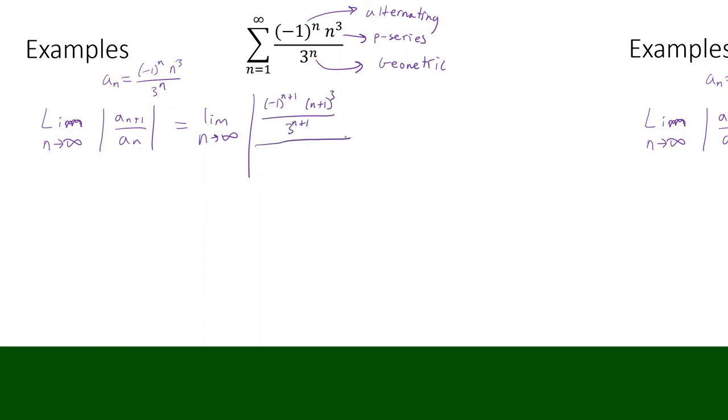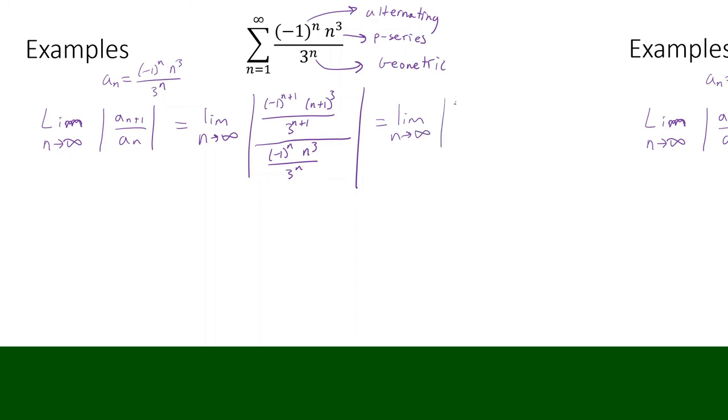And then on bottom, just plug in your regular old a sub n. Okay. So this looks like a mess, but if you are picking the ratio test correctly to use for these types of problems, it's actually going to be really nice. I'm dividing by a fraction, so I just flip the fraction. And you'll see what happens in just a second.